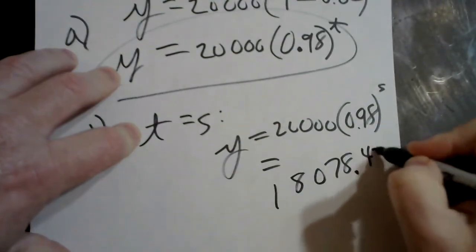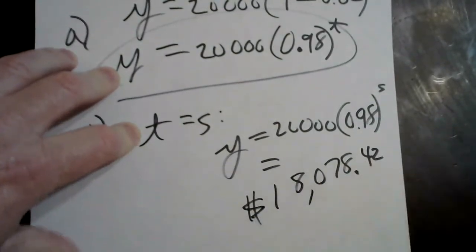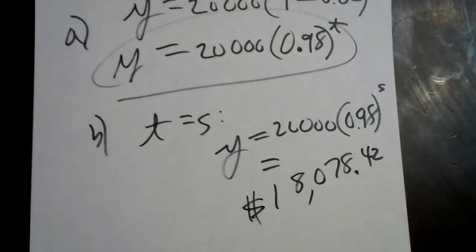And I guess in this case, T is in weeks. But I get $18,078.42. Actually didn't go down very much in 5 weeks. But it's only decreasing by 2% per week.